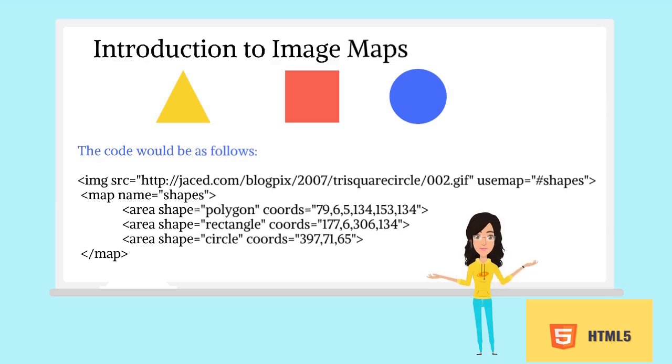And the shape of the area can be set to default to select the entire image, no coords attribute necessary, circle or circ for the circle, rectangle or rect for the rectangle, and polygon or poly for a polygon area specified by the corner points.